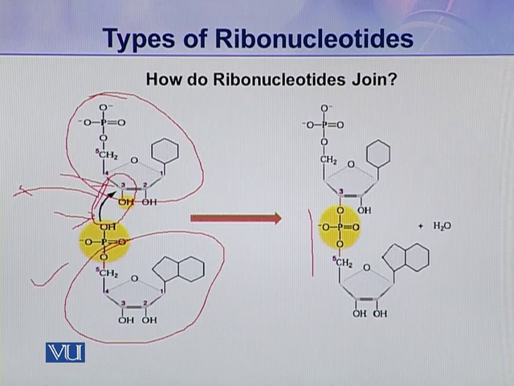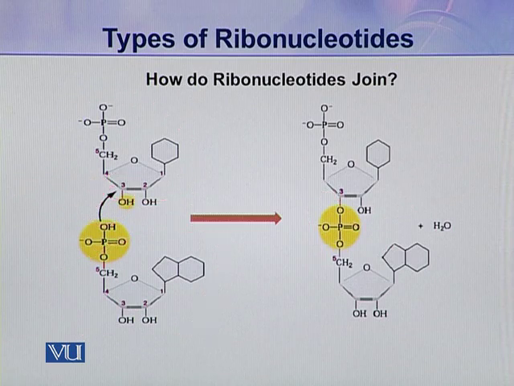here one phosphate group is present, and this phosphate group is linked with one pentose with an ester linkage, and the second ester linkage is present here. So this whole thing is one phosphate and two esters, so it is called phosphodiester.